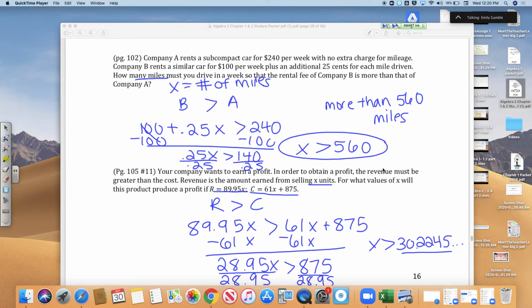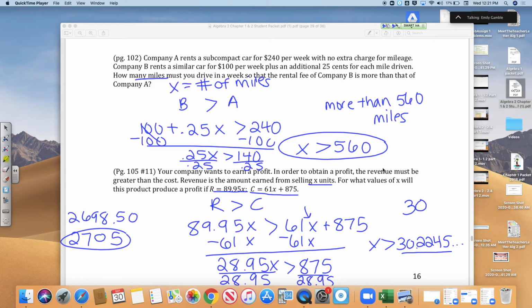And because we're selling a number of units, this one's a little bit interesting because I know this would round to 30 most likely. But if I put 30 in for these variables and I do 89.95 times 30, I'm going to get a revenue of $2,698.50. And if I put in 30 for X here, 61 times 30 plus 875, my cost is $2,705.